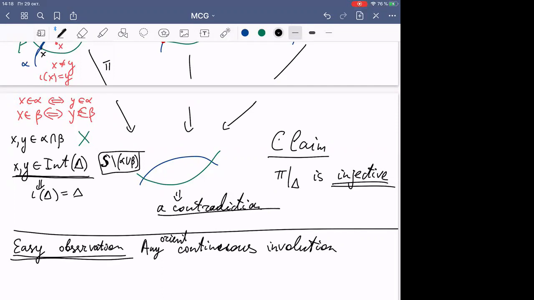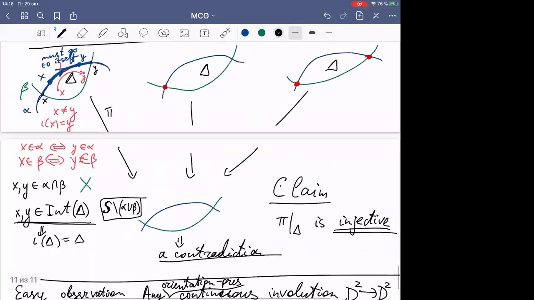Any orientation preserving continuous involution of the two-dimensional disk to itself has a fixed point in the interior of the disk.